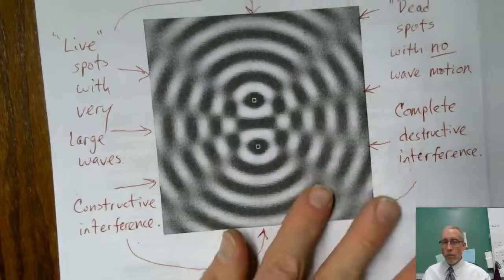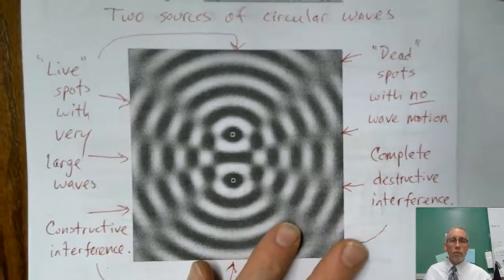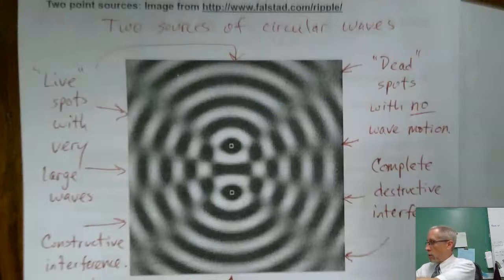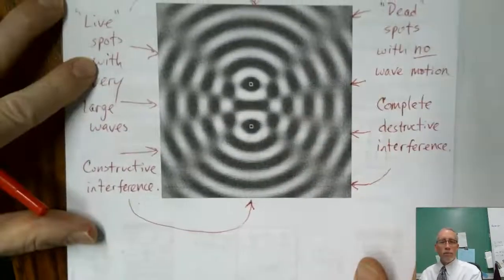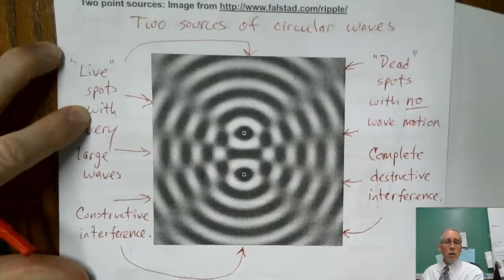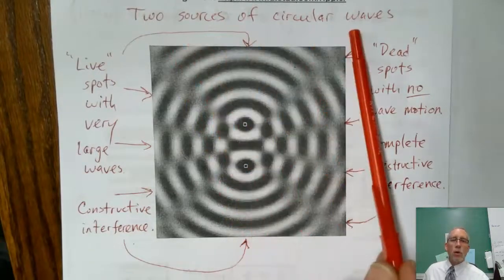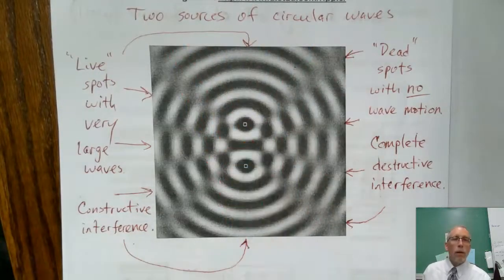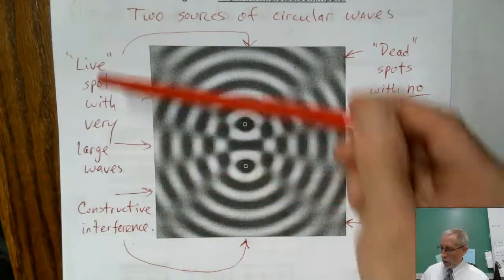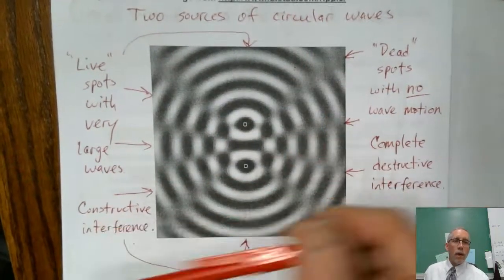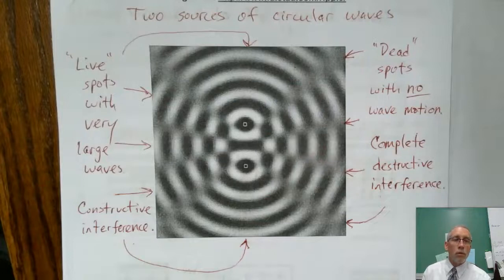We'll zoom out just a hair so you can see it a little bit better. If you describe this, it's two sources of circular waves. On the left side of your page, I described what the bright and dark areas are about.